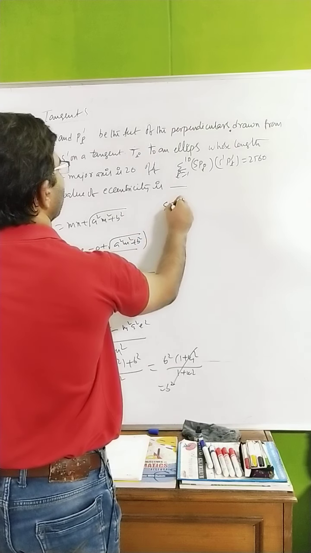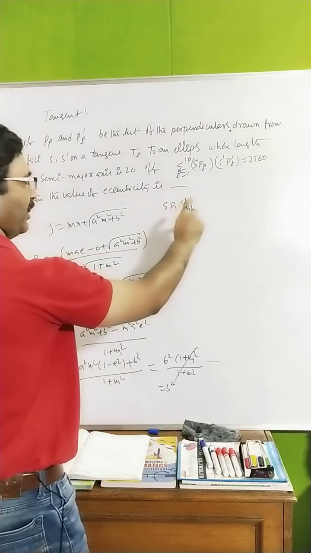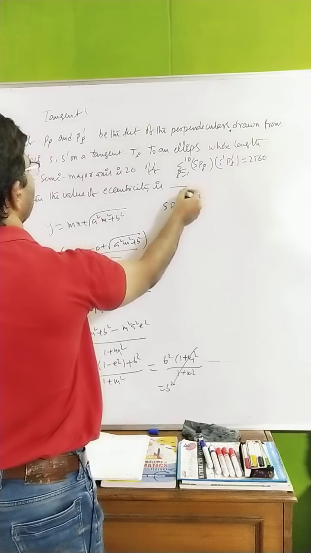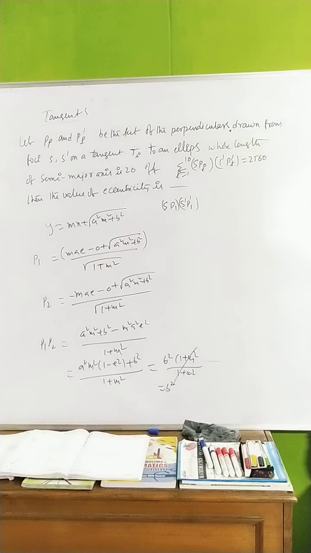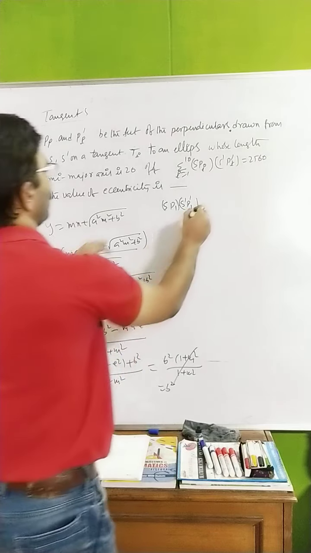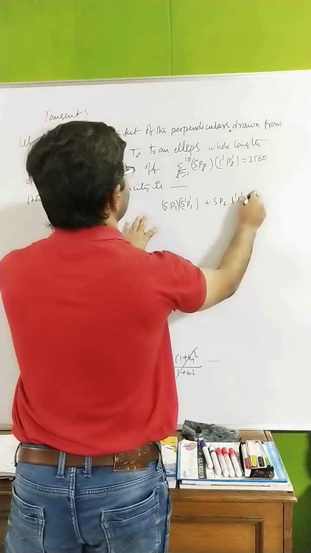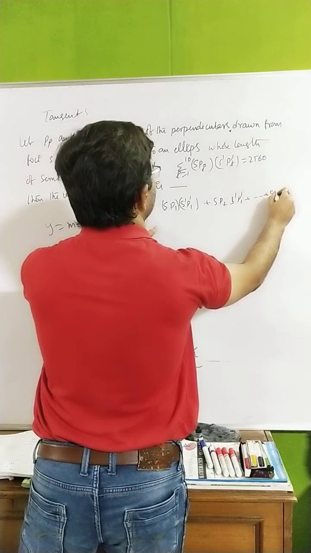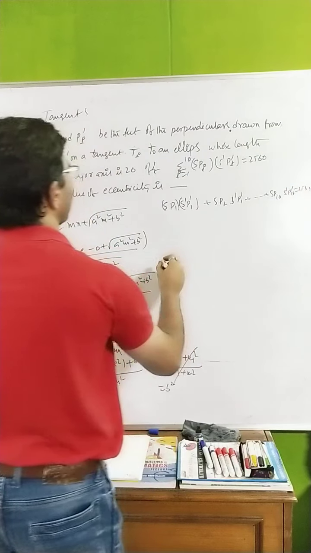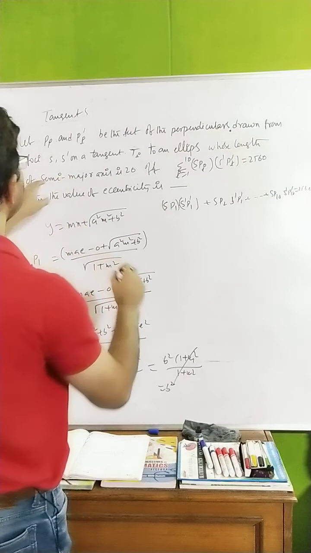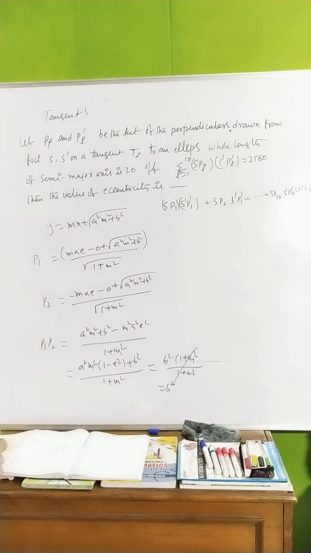You see here, SP1 times S dash P dash 1, and so on, SP10 times S dash P dash 10 is equal to 2560. Here he has given the semi-major axis.